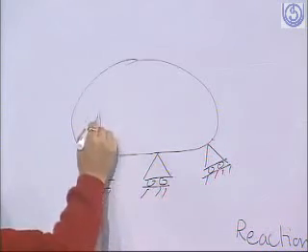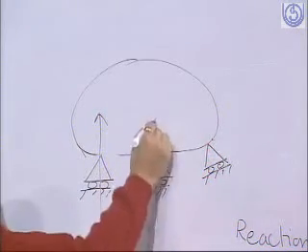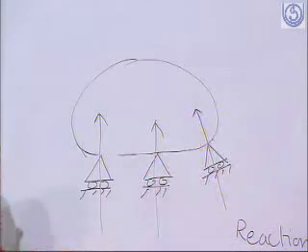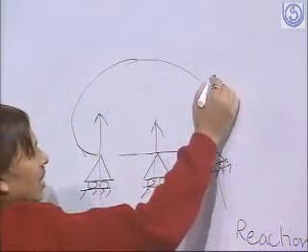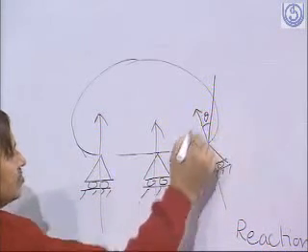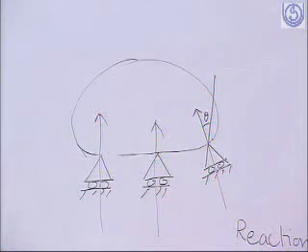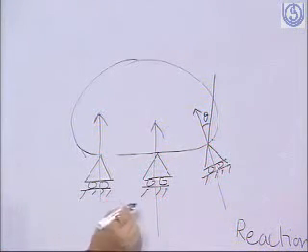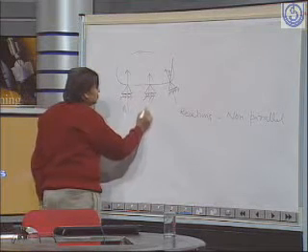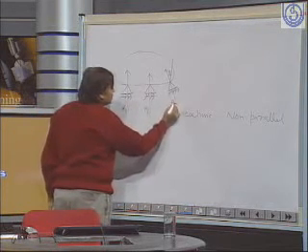So this is in this direction, this is again in this direction, but this is not parallel to them, this is in this direction, and this angle is theta. So these two reactions, R1 and R2, and say this is R3.